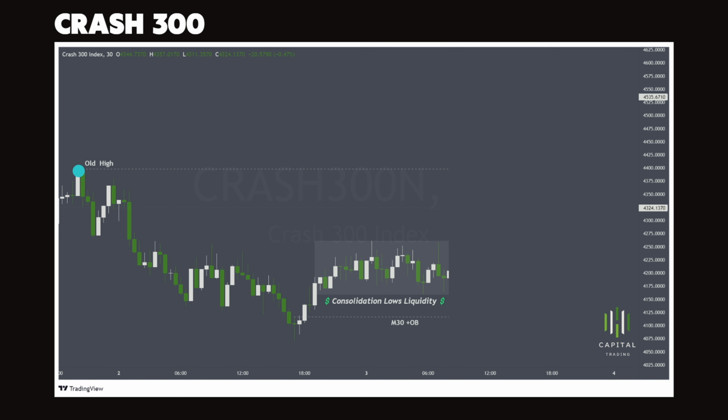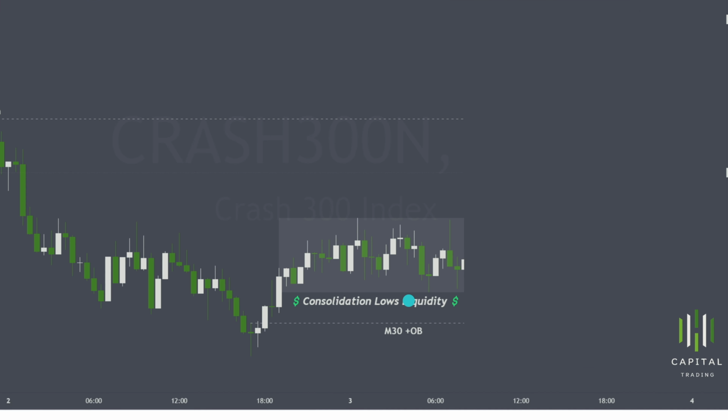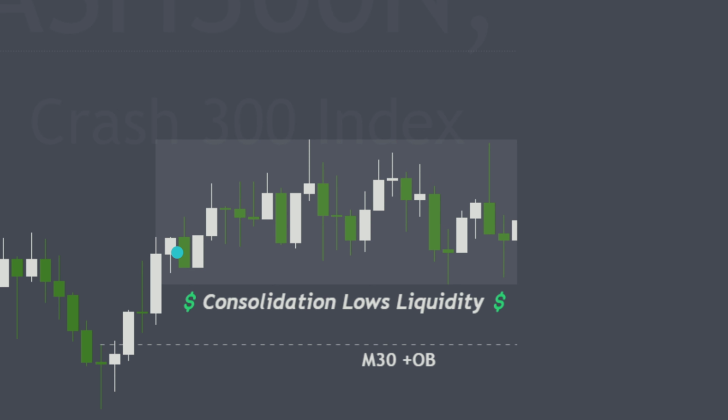We had this old high, and then price dropped into the downside and formed this low. Then they went up, and eventually they started consolidating. They formed this range high and this range low, and kept consolidating over the same range.